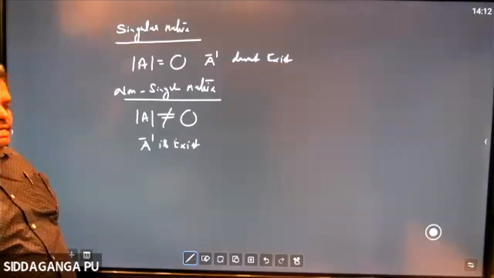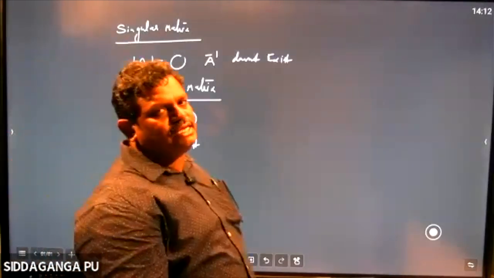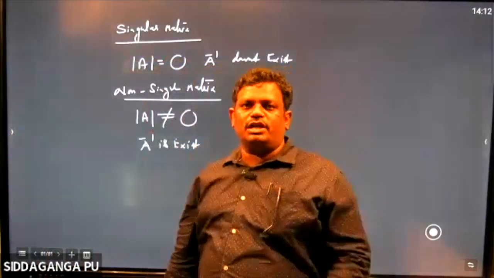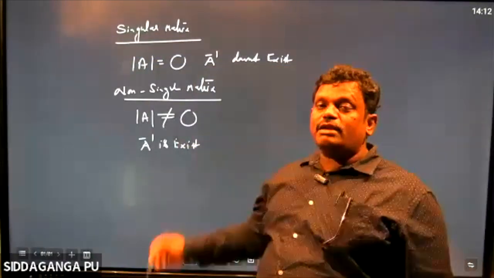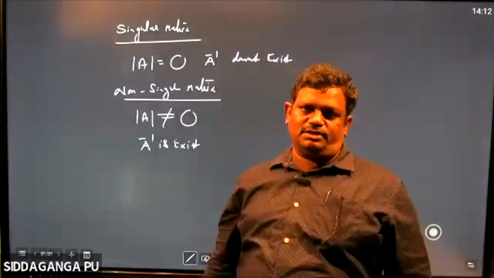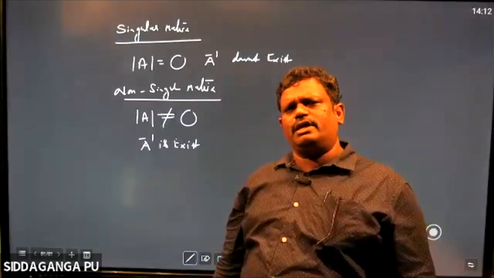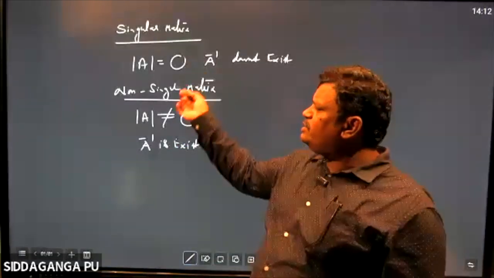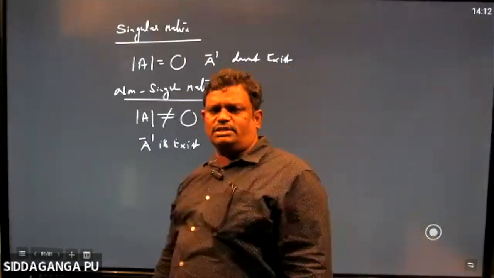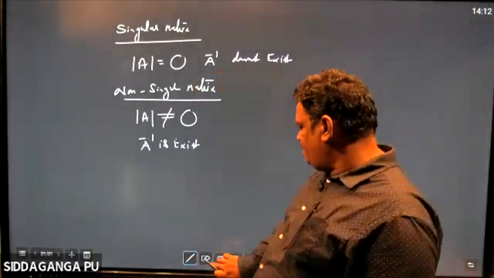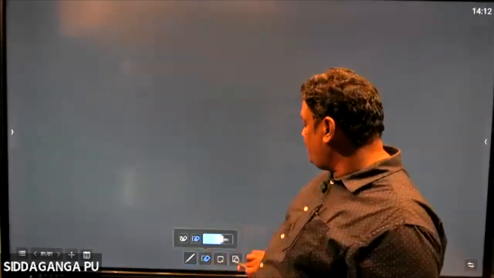When the given matrix is singular, A inverse does not exist; when the given matrix is non-singular, A inverse exists. Okay? If A is a singular matrix, A transpose is also a singular matrix. Some conditions are there. So this is the singular and non-singular concept. After this we can apply the very important adjoint of a matrix.